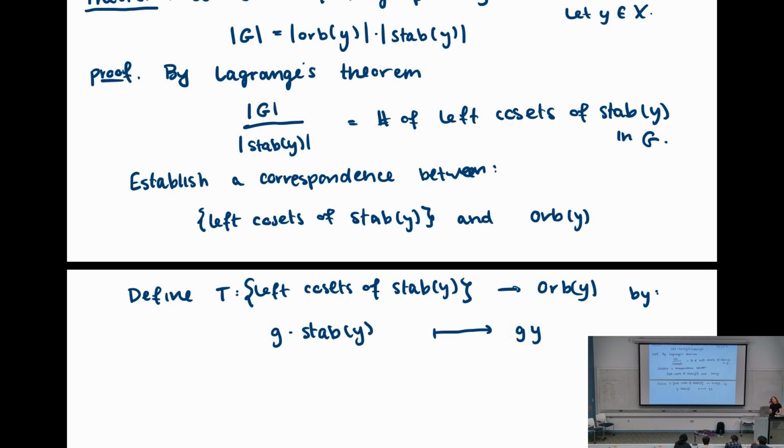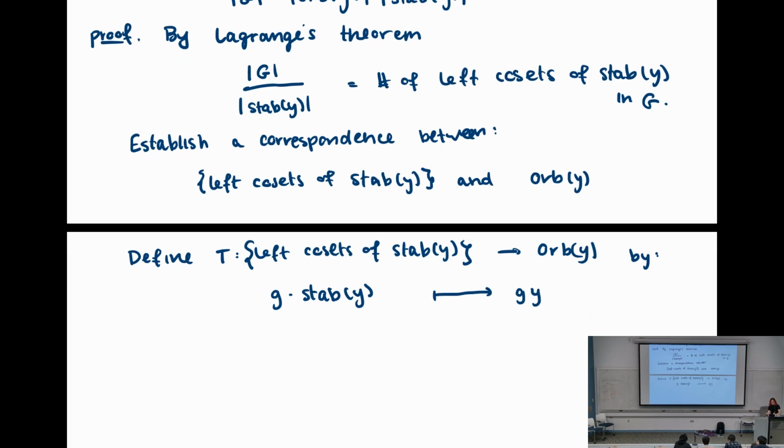The first thing that we need to check is that this is well defined. What I mean by that is that I could have two different ways of representing one coset, right?